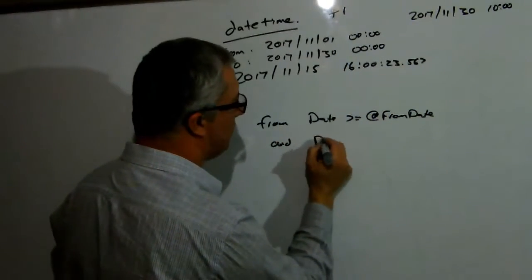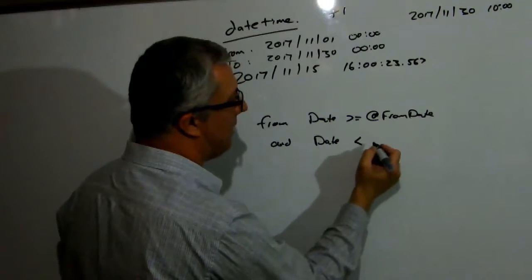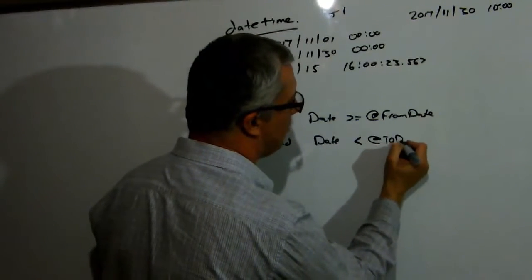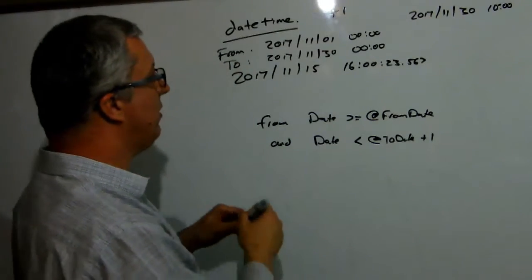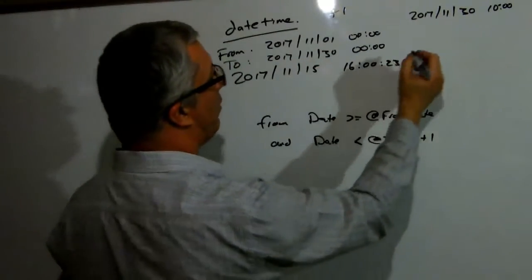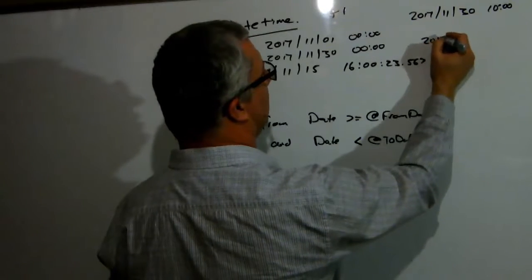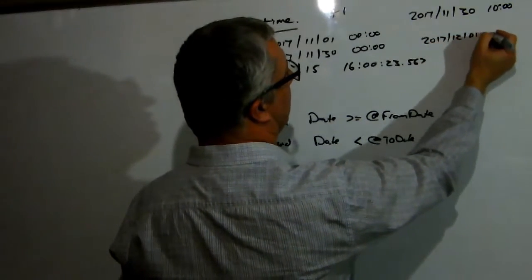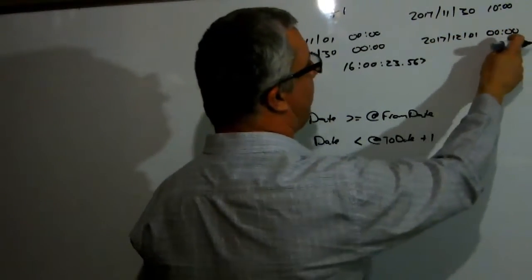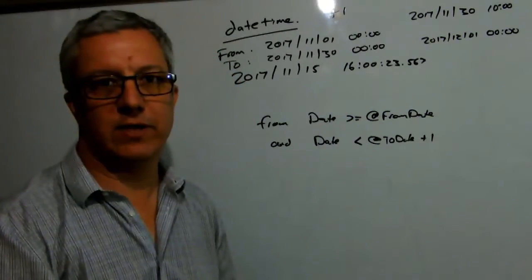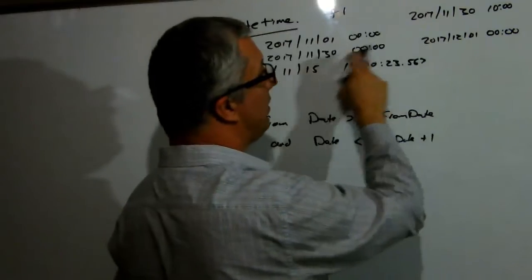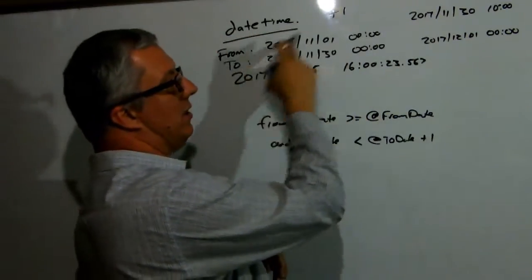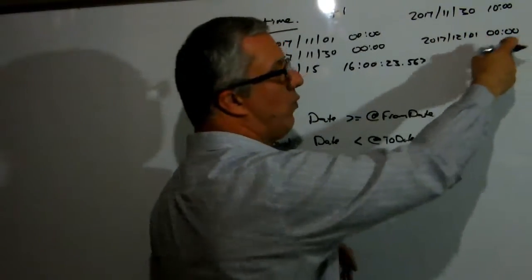But I also then want to say less than my to date plus 1. In this case, I want everything before midnight on the 1st of December. I don't want to stop there. I want to show everything including the 30th. So that means everything before the 1st of December.